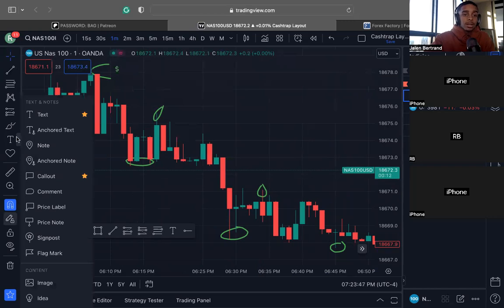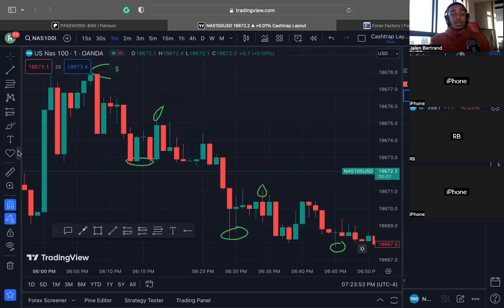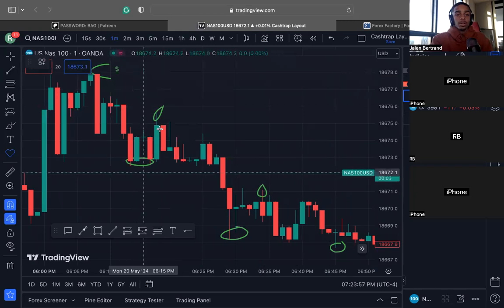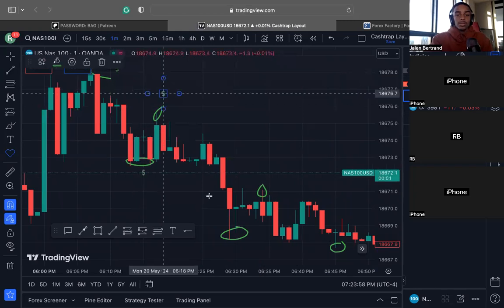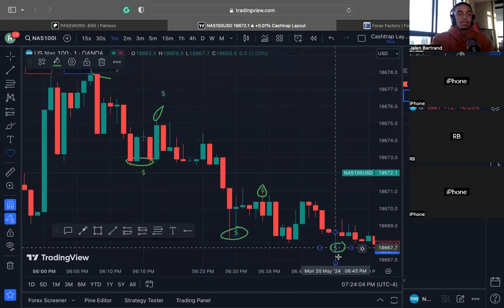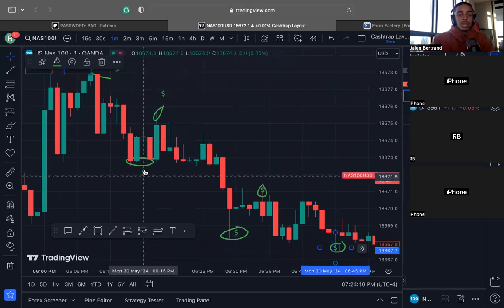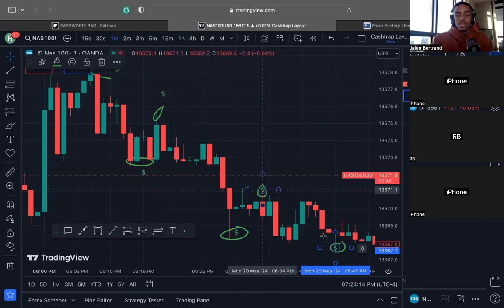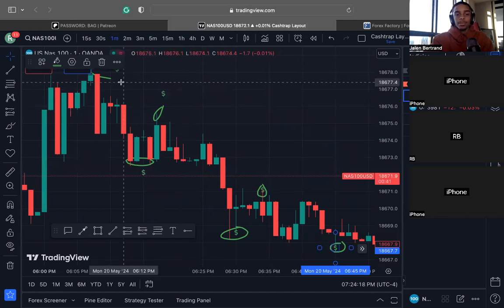This is just selling, especially because we are in a downtrend. So we'll go left to right. This is 1, this is 2, this is 3, this is 4, this is 5, and this is 6. Which one do you feel like is the best place to sell from?